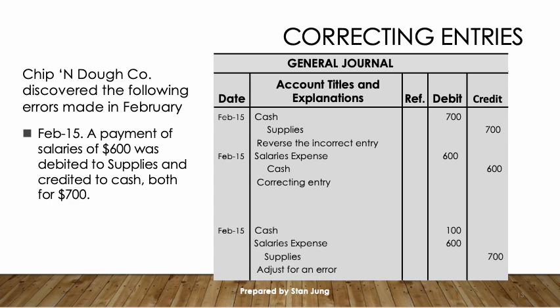In order to reverse the transaction and make all of the account balances correct, this is the transaction that I would use. I would debit cash by $100, debit salaries expense by $600, and credit supplies by $700. This will adjust the error, and it has the same effect as the two-step process.